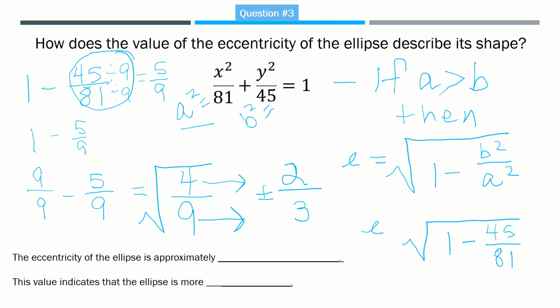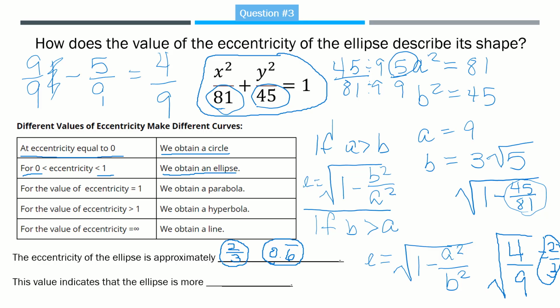Now you can take your calculator out and take 2 divided by 3, and we get 0.6 repeating. Now, is that greater than 1/2? Yes, it is. So that value indicates the ellipse is more flat than round.